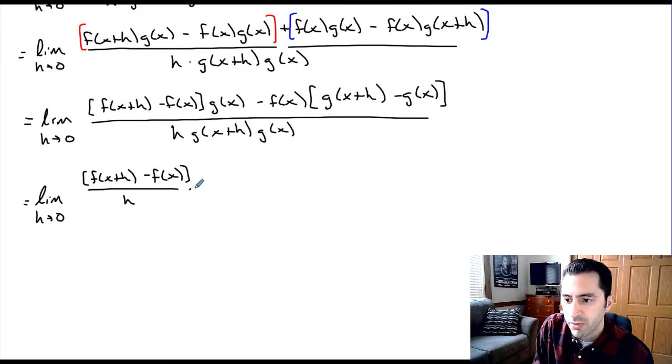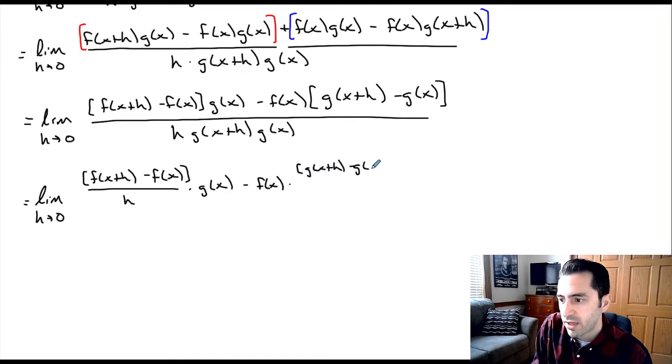Well, this is still being multiplied by g of x, so I need that there. And then I also need to put h in the second term, so here I'll write it as f of x, and then this is being multiplied by g of x plus h minus g of x, and here I will put this over h.